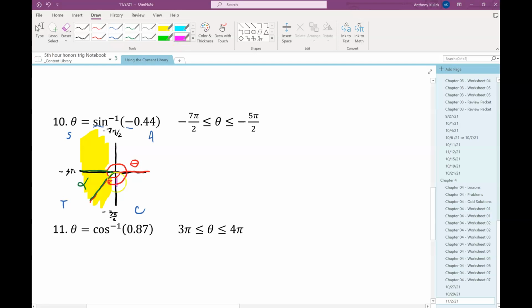So I noticed that the last axis that theta crosses is a vertical. And since theta is negative, that means we're going to be adding alpha, where alpha is sine inverse absolute value negative 0.44.